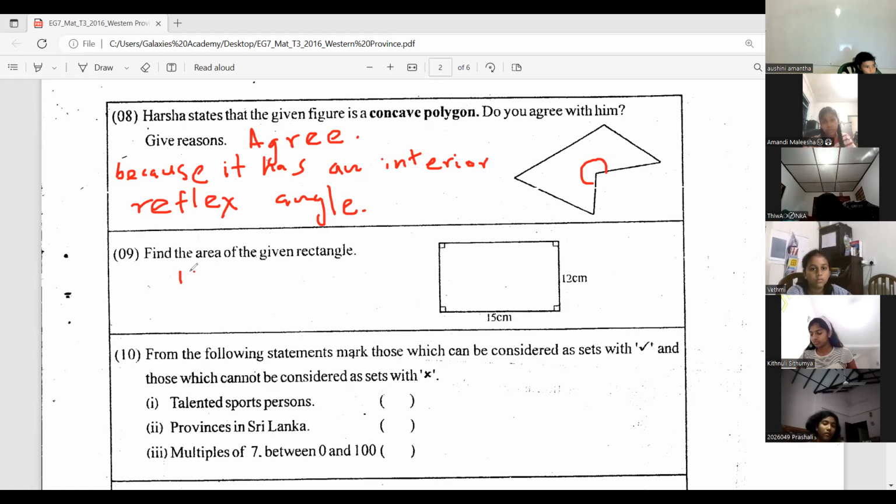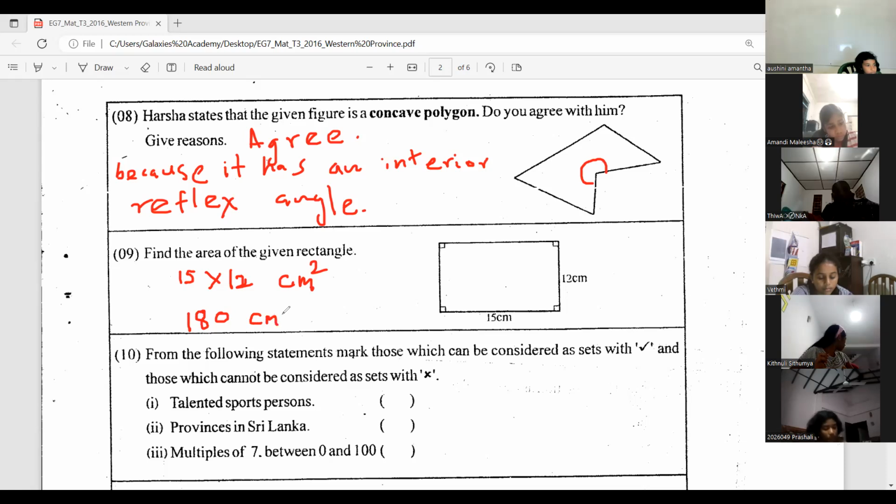So when you find the area, you have to multiply 15 and 12. Both are centimeters, so the area is in square centimeters. 15 times 12. 12 times 5, 60. Remaining 6. 12 times 1, 12. 12 plus 6, 18. So the area is 180 square centimeters.